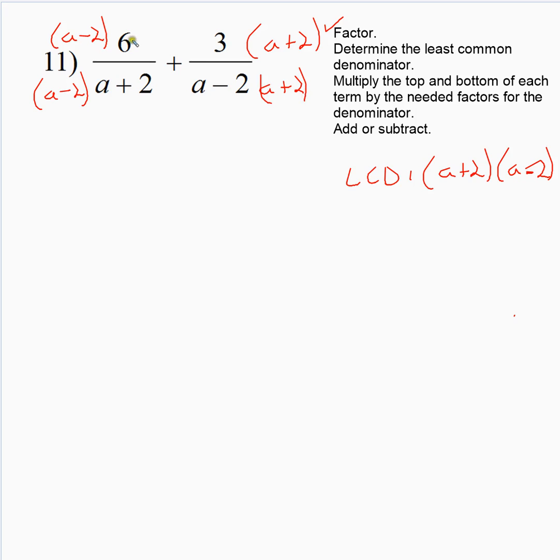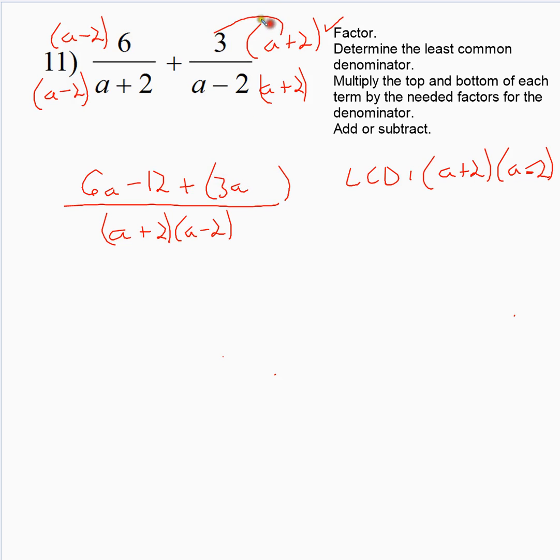So up in the numerator here, actually let's mention this, we now have a common denominator of a plus 2 times a minus 2. I'm going to leave it in factored form right now, because sometimes there is a chance that things could factor and simplify. Here we have a 6a minus 12 plus, I'm going to put parentheses here, although in this case it's a plus, we don't need it, but I'm going to try to get in the habit of doing this so when it's subtraction we don't mess up.